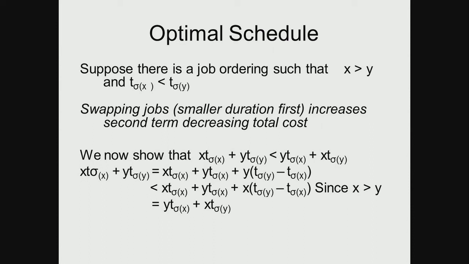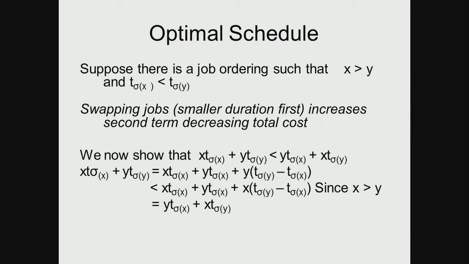So, let us try the most natural thing: let us exchange the positions of the two jobs. In other words, we exchange the position of the job sigma of y with the position of the job sigma of x, and let us see how it changes the duration. We should just go back to the formula and observe that the terms just change by modifying the multipliers appropriately.